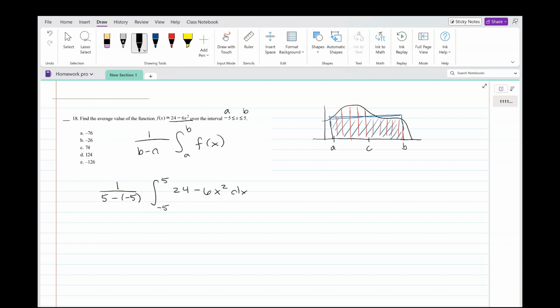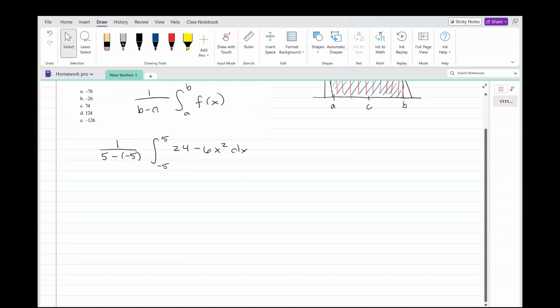Okay, let's go ahead and try to simplify a little bit. I'm going to go ahead and separate these two. Let's combine these two. Negative and negative make it positive, so this becomes 1 over 10 times the integral from -5 to 5 of 24 dx minus the integral from -5 to 5 of 6x squared dx.